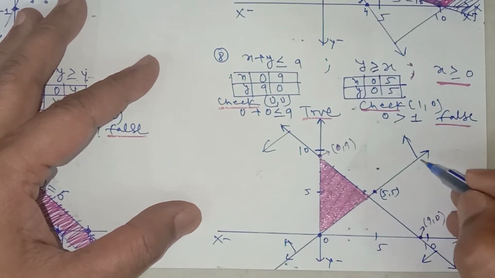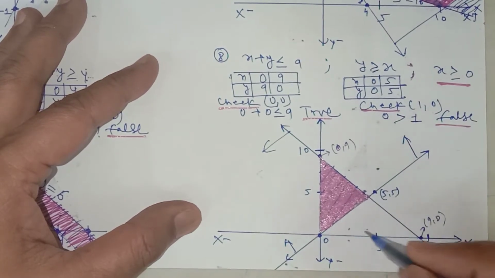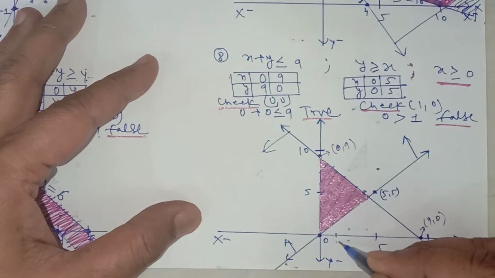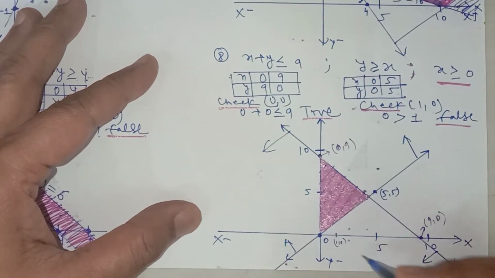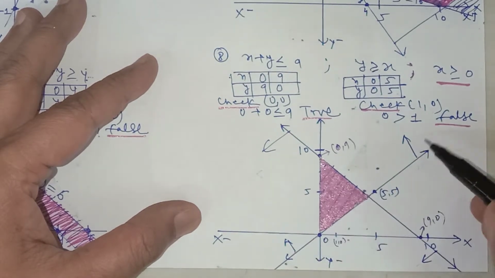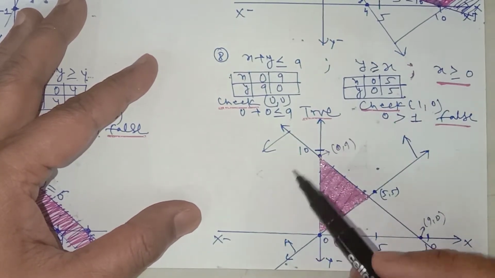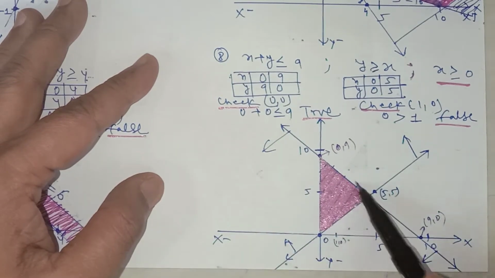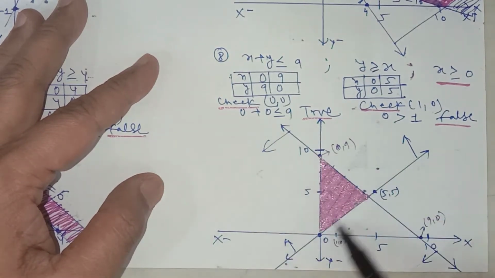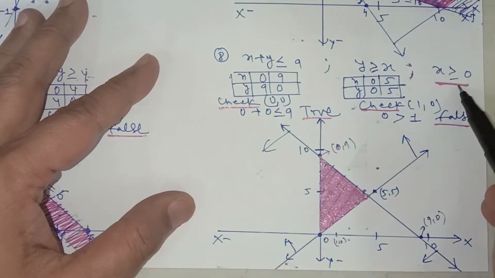So the direction of this will be away from 1, 0, because 1, 0 is not the solution of this. The 1, 0 point is somewhere here, and because it is not the solution, it will be shaded away from the 1, 0 point. Now see the common shaded portion, it is towards this and it is towards this, and the common shaded portion is coming out to be this, this whole, this also, but it is given that x is greater than 0.